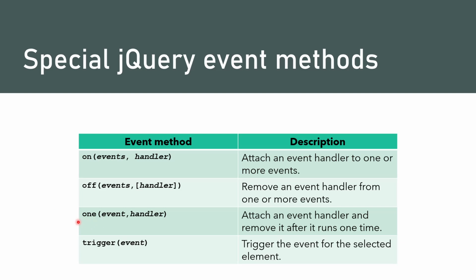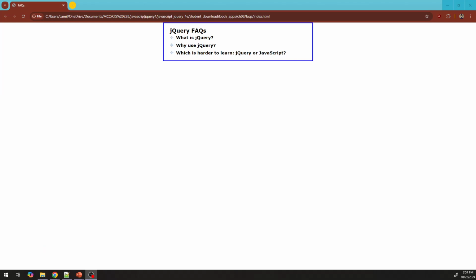This will just set everything up for you for that to happen. And then you can use the trigger event method to trigger an event for the selected element. So all of these will still have a selector, a $, parentheses, and then a dot in front of all of these when you use them. So they will pertain to an element.